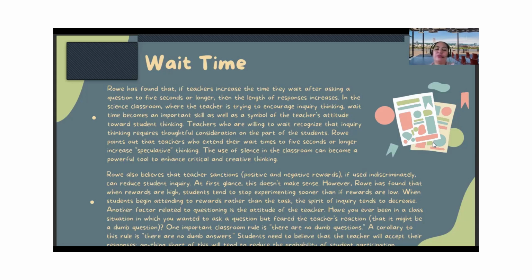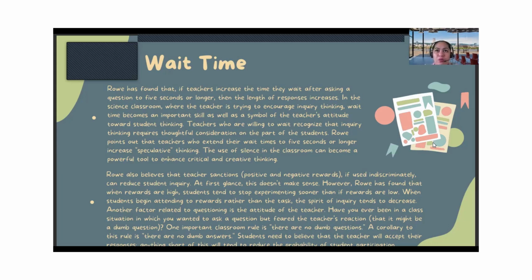So that's actually one of the reasons why Rowe said that when you have wait time, the teacher's use of the reward and punishment system will also decrease. Because if you use the rewards and punishment system, there is a tendency that the students will not focus on the task, but focus on the reward.